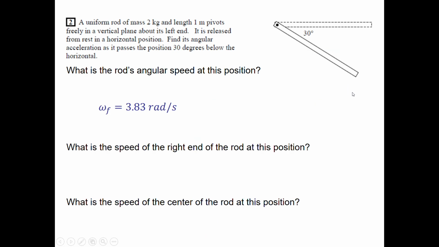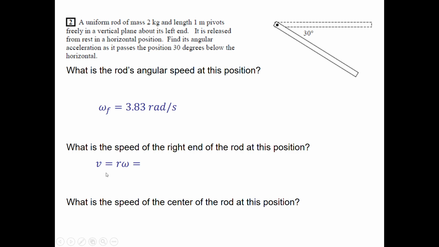Next question. What is the speed of the right end of the rod at this position? In other words, how fast, in the good old-fashioned linear sense, is this point moving at that location? The way we're going to do this is our relationship between linear and angular velocities. We now know the angular velocity. We want to know the linear velocity of a point.